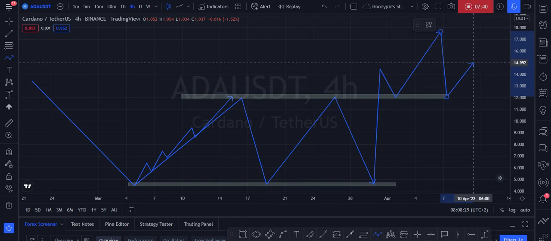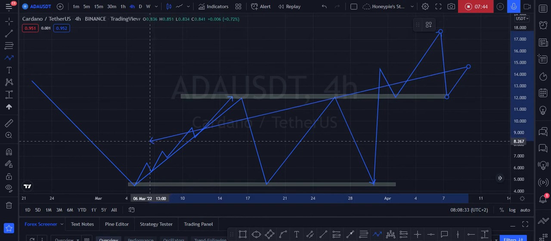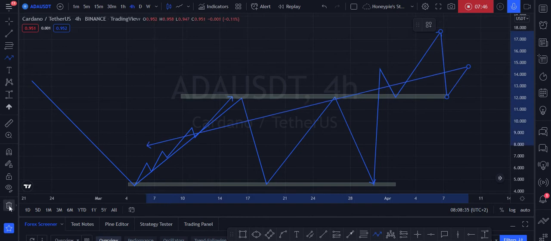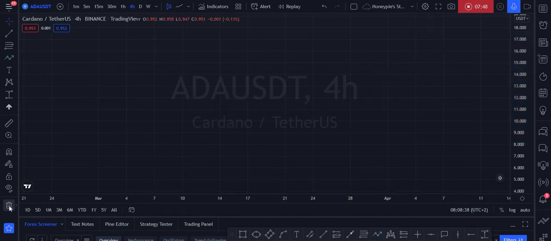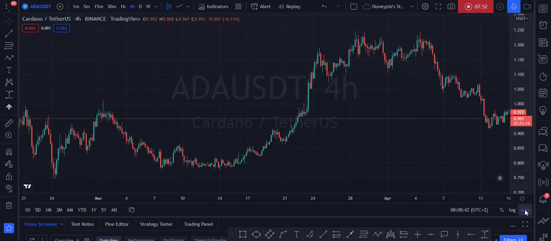Okay? Good and fine. Let's dive straight into the chart. So I'm going to be deleting this off. Now we have ADA USDT. That's Cardano against US Tether.